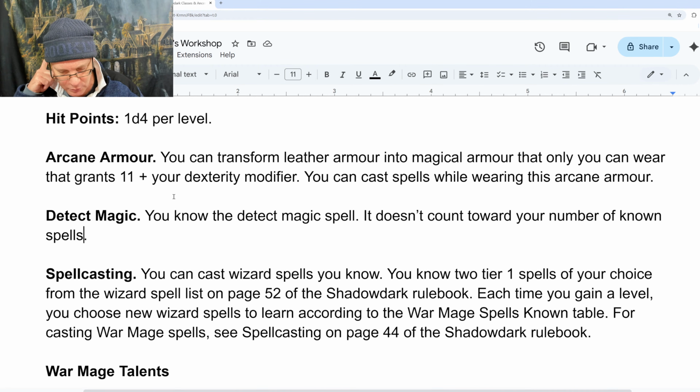They have tactical wit, which I think is kind of stupid. They have power surge. They have durable magic. They have deflecting shroud, all of which I think are either benefits or bonuses to armor class or saving throws.